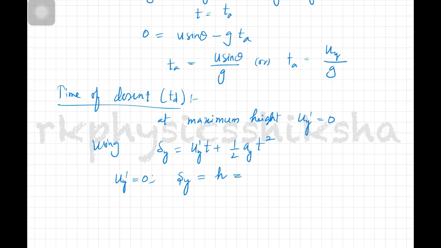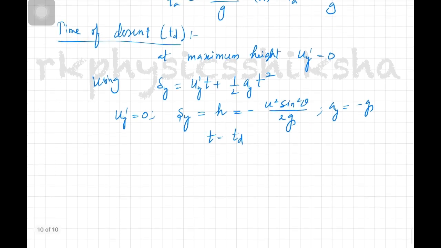We are measuring it downward, so we have to take it as minus u square sin square theta by 2g, and Ay is always measured downward, so minus g, and t I am replacing as Td.